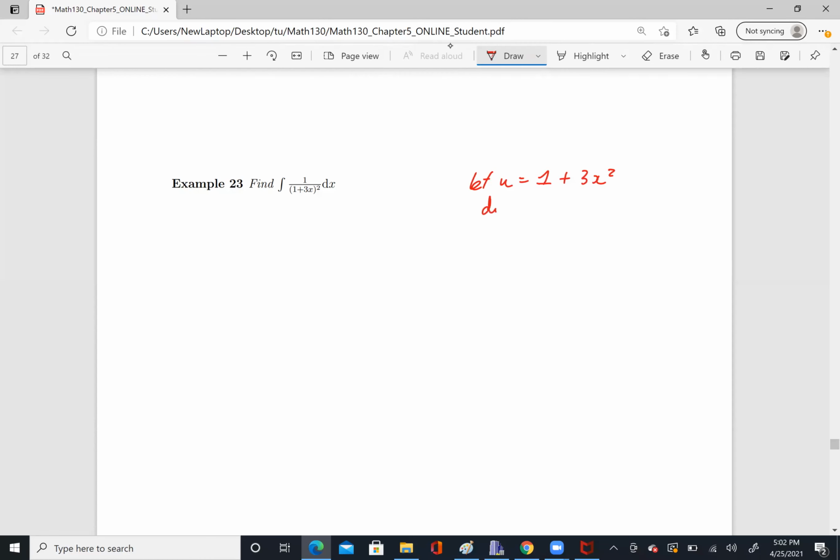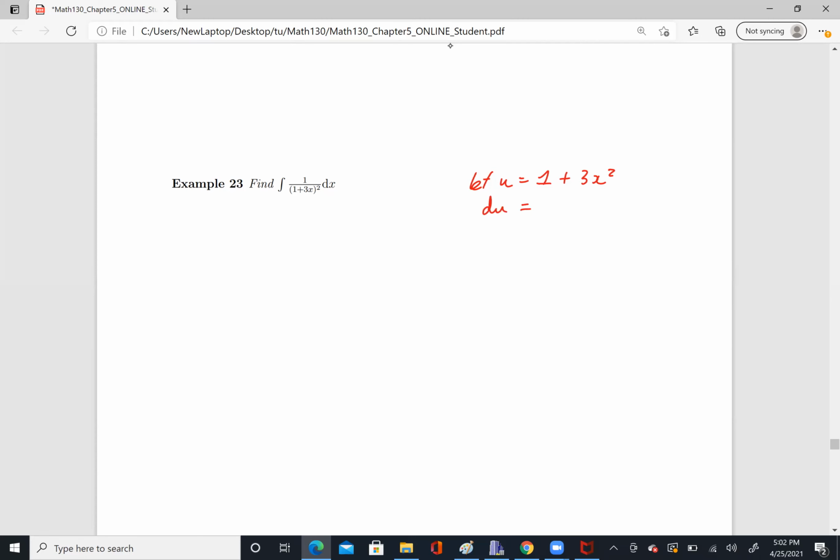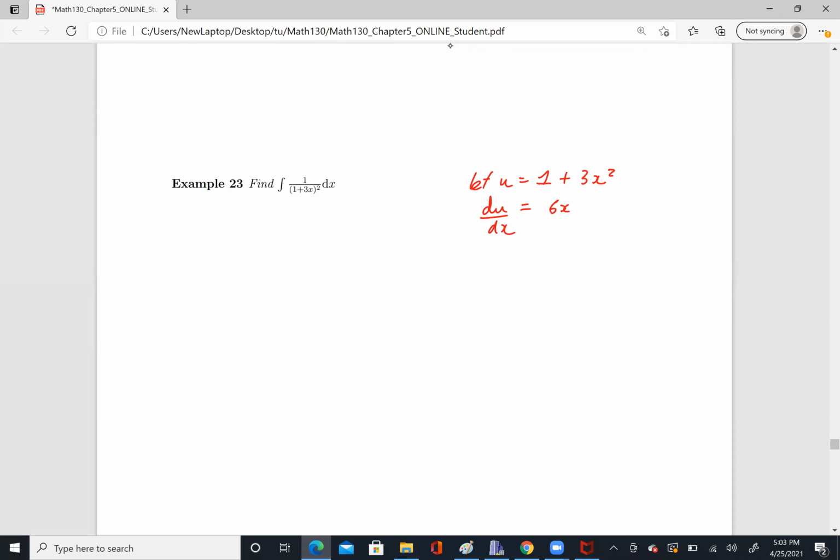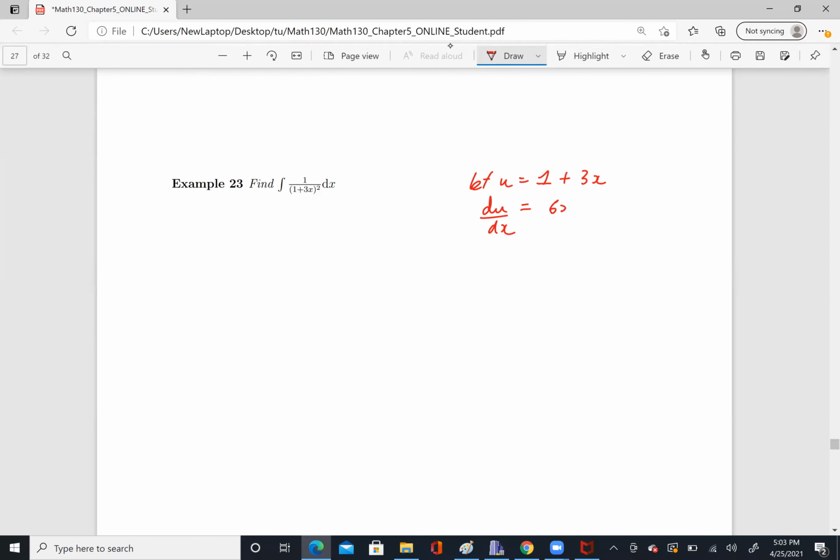Then I have du/dx will be 6x. Oh, there's no square here, sorry. This will be 3 only.